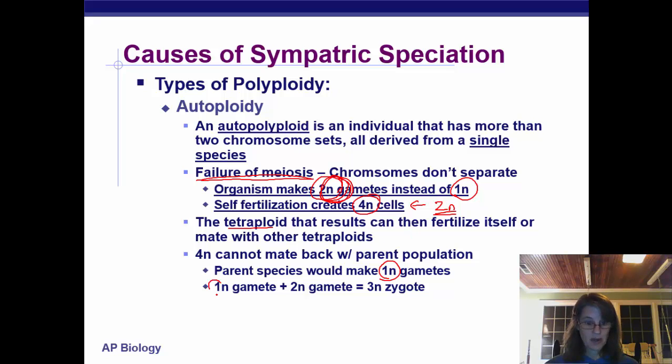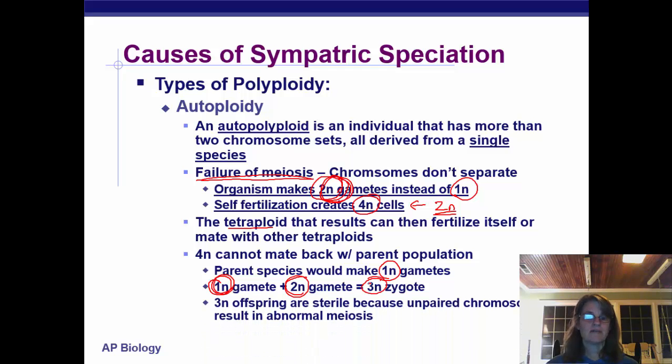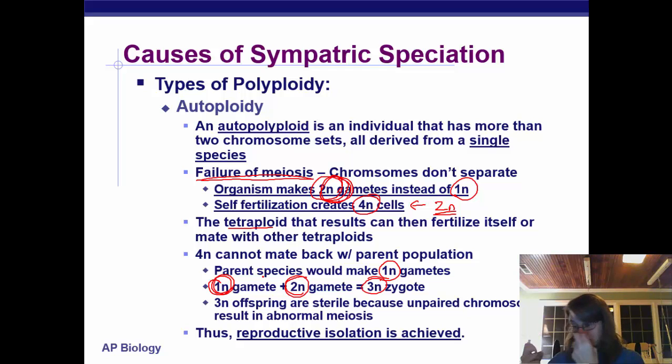So a 1N normal parent gamete with the mutant 2N gamete gives you a 3N zygote. And we just can't have that, because 3N offspring are sterile because they've got an unpaired chromosome. So if that happens, you have achieved reproductive isolation because you can't breed back with your parent generation. You are automatically, poof, a new species if you have some way to reproduce yourself.